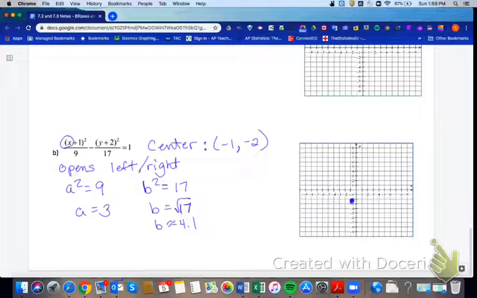From the center, we're going to go A units left and right because this one is opening left and right. So 3 units to the right, 3 units to the left. It is approximately 4.1 units up and down.